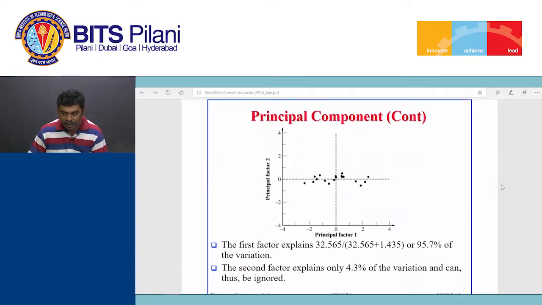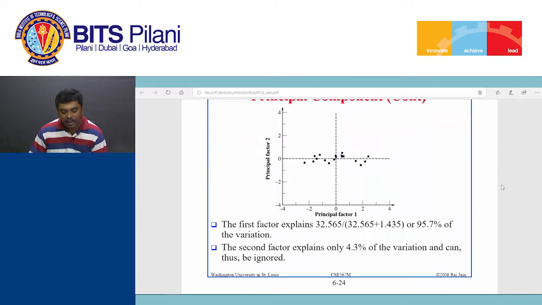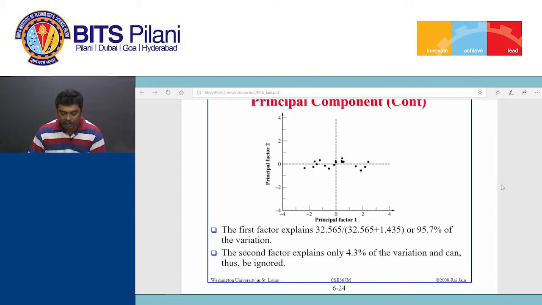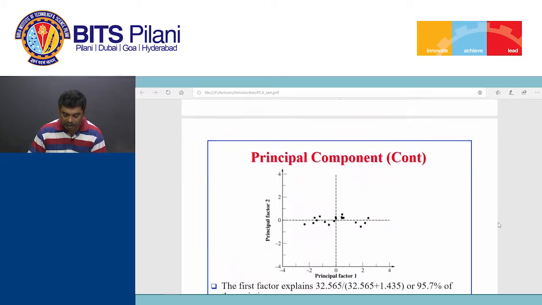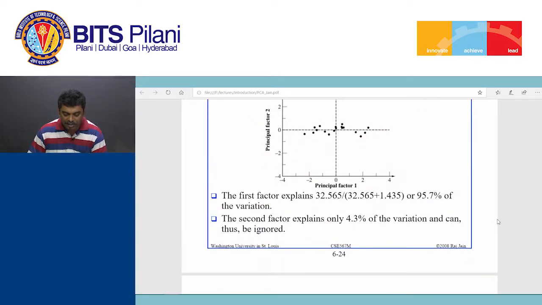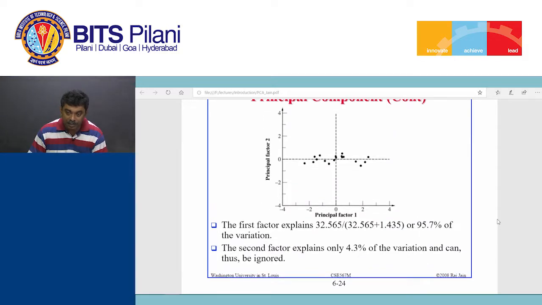Now let's look at this visualization. What do you see? There is this principal factor, let's say this is y1 along the horizontal axis and y2 along the vertical axis. By using the formula for how much you are able to explain, which is pretty simple, the first factor explains 95.7% of the variation in y, and the second factor explains only 4.3%.